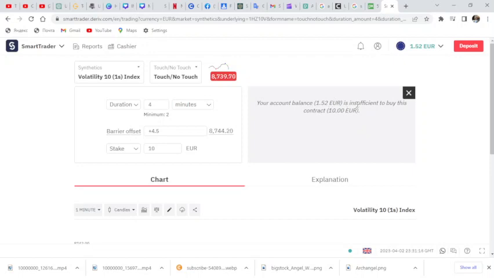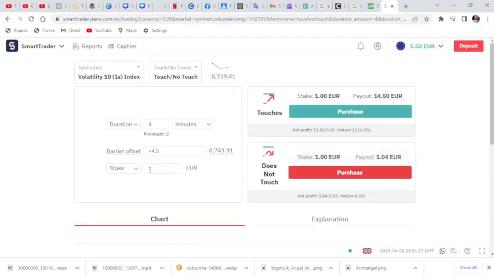Your account balance is insufficient currently. Okay, sorry about that, I didn't change the stake here. You put 1 USD. I didn't change to 1 USD. No, you only enter when you see 3 times.